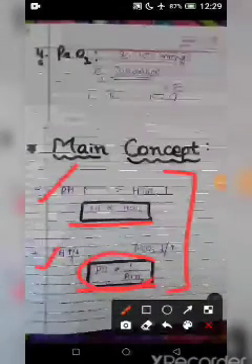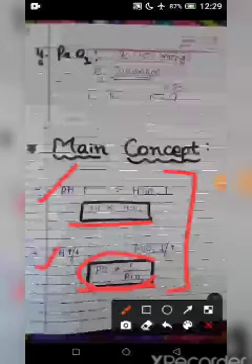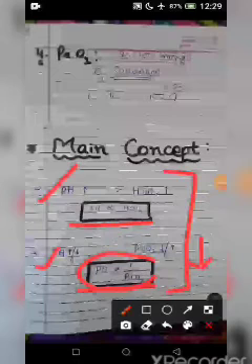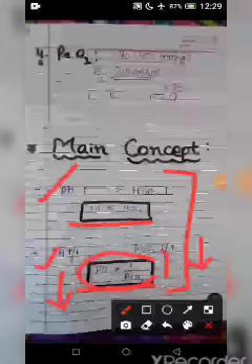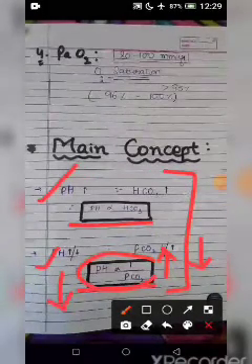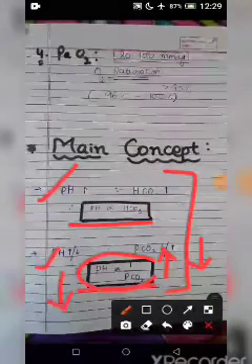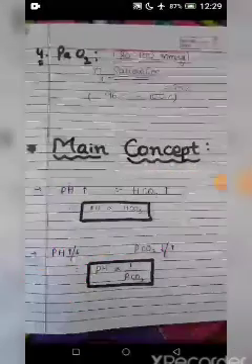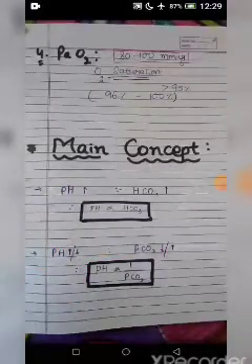When pH rises, carbon dioxide will decrease, and when pH decreases, carbon dioxide level increases. They move opposite. This is the main concept, that is pH is directly proportional to bicarbonate and inversely proportional to carbon dioxide. This is the main point.